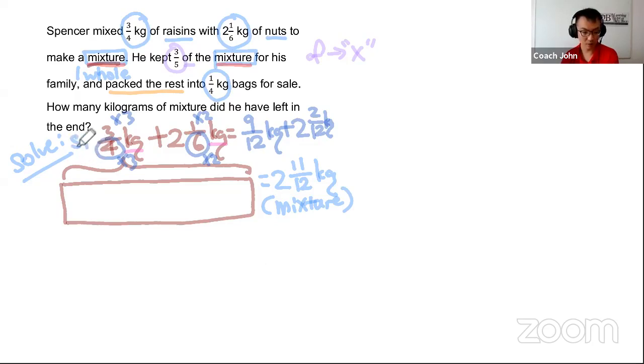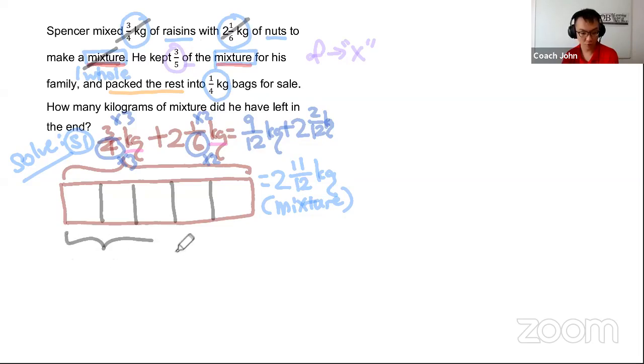Another thing you can do is label step 1, so that your child knows where you are. Now, another thing is you can do cancellation to show that, hey, I've already used it up, and then I'll move on to the next sentence. So 3/5 of the mixture means that you need to cut this into 5 units.